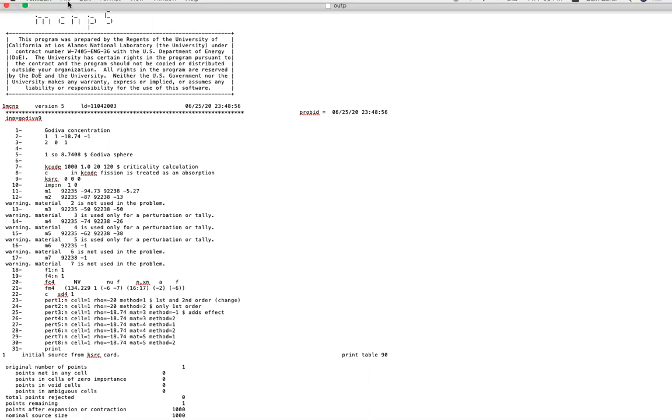I think this is the best code in the world, and it gives you things so nicely that I have not seen a better code for neutron photon transfer. Okay, let's go through this in great detail. So this is MCNP version 5.